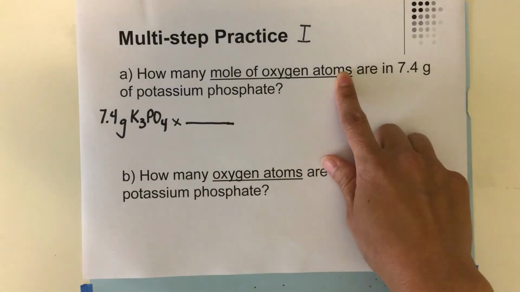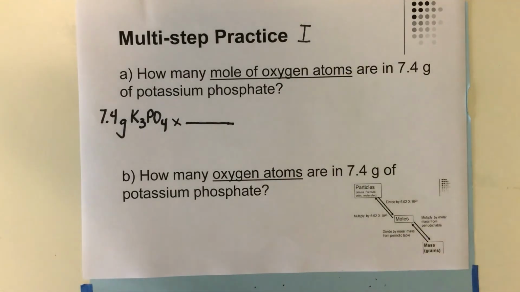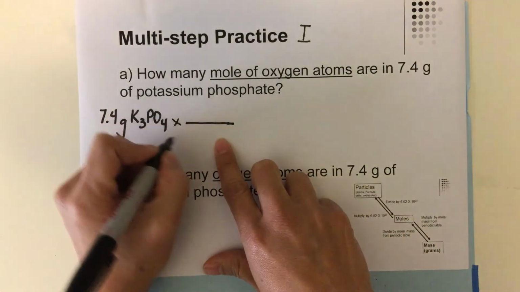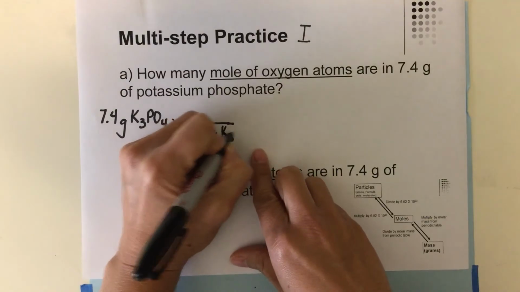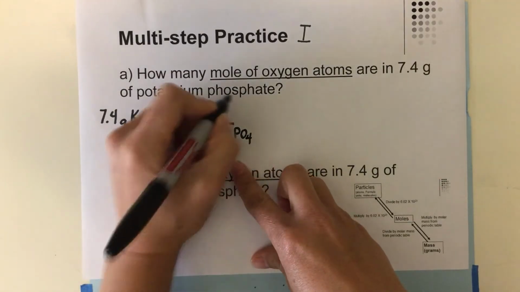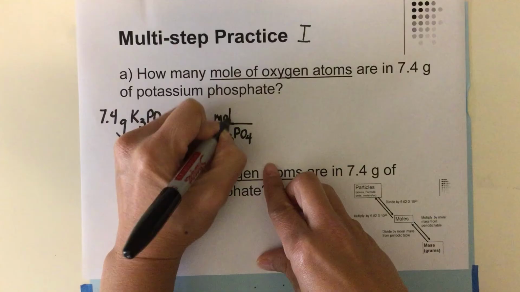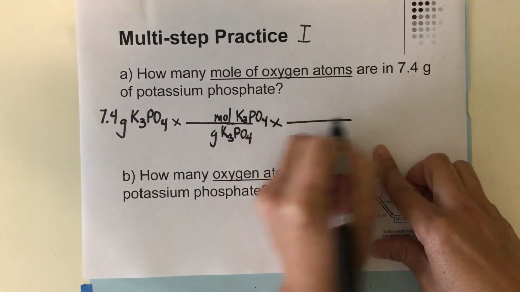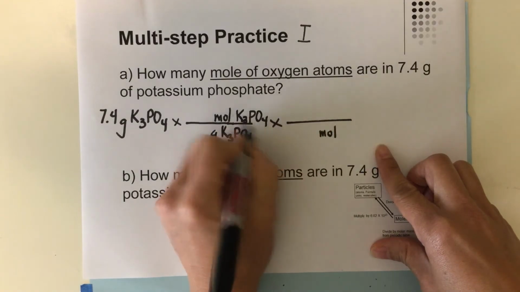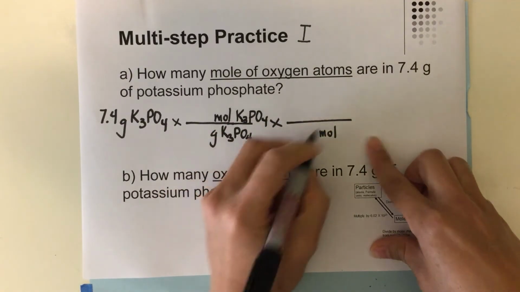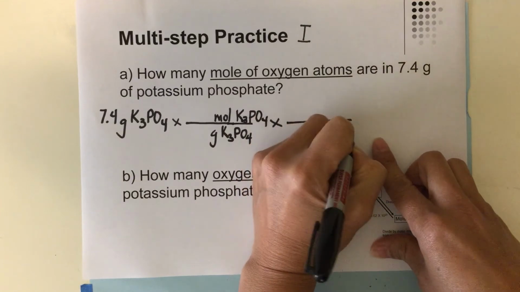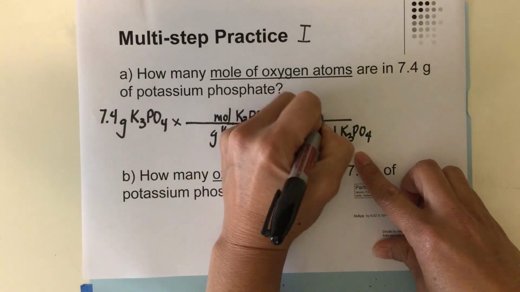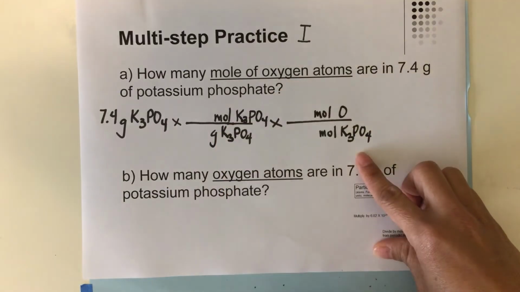If you want to dig into the moles of the parts, you need to have moles of the whole thing. So we take the molar mass, grams of K3PO4, and convert it to moles of K3PO4. Now, we know that since oxygen is in this K3PO4, we're taking these moles of K3PO4, notice the units cross-canceling, and moles of oxygen on the top.